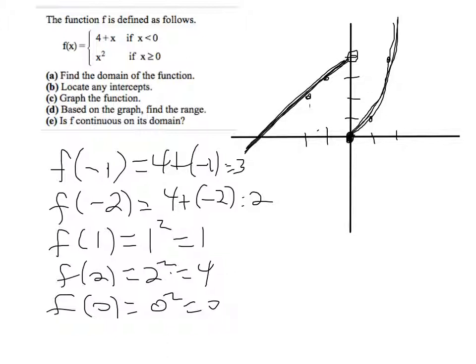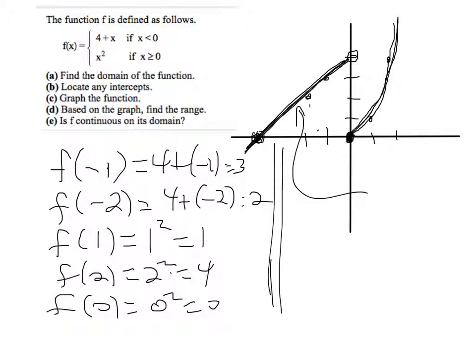And then my other intercept is right here, this point right here. And if I don't know what point that is, which for my graph it's kind of hard to tell, remember that I can find that by just figuring out where the y-coordinate equals 0 for this piece.